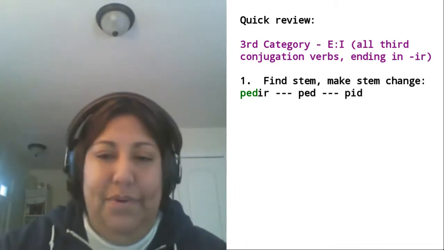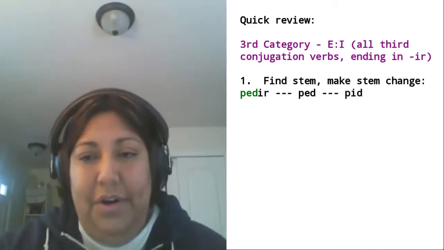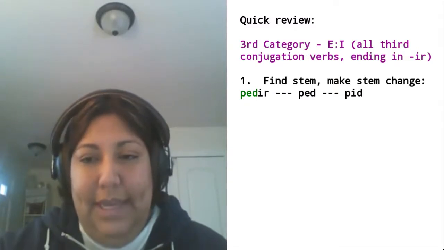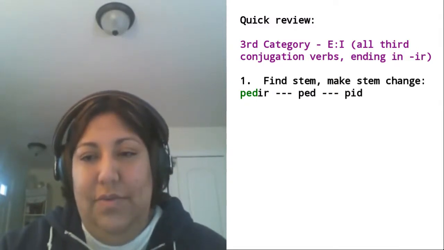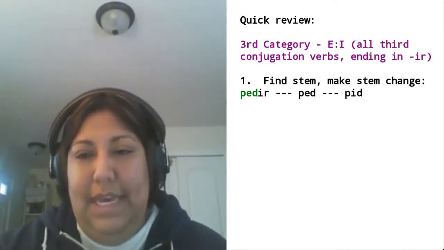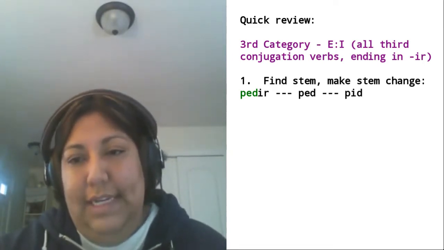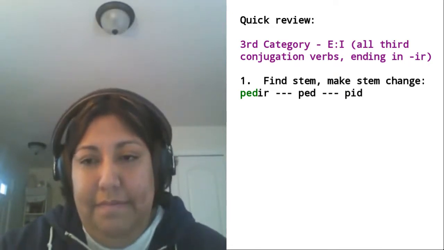So, for example, we have pedir. The stem is ped, and then you will remove the IR and you will get ped, right?